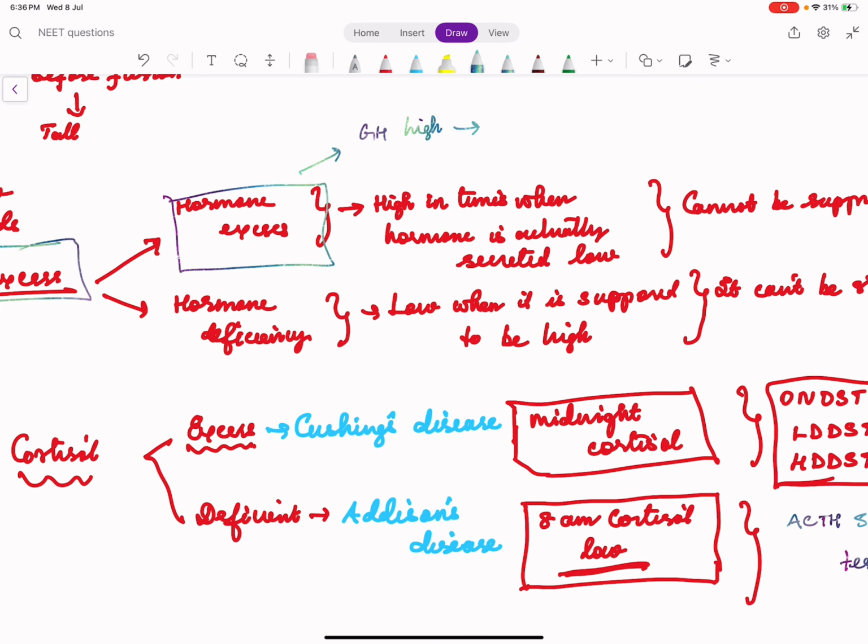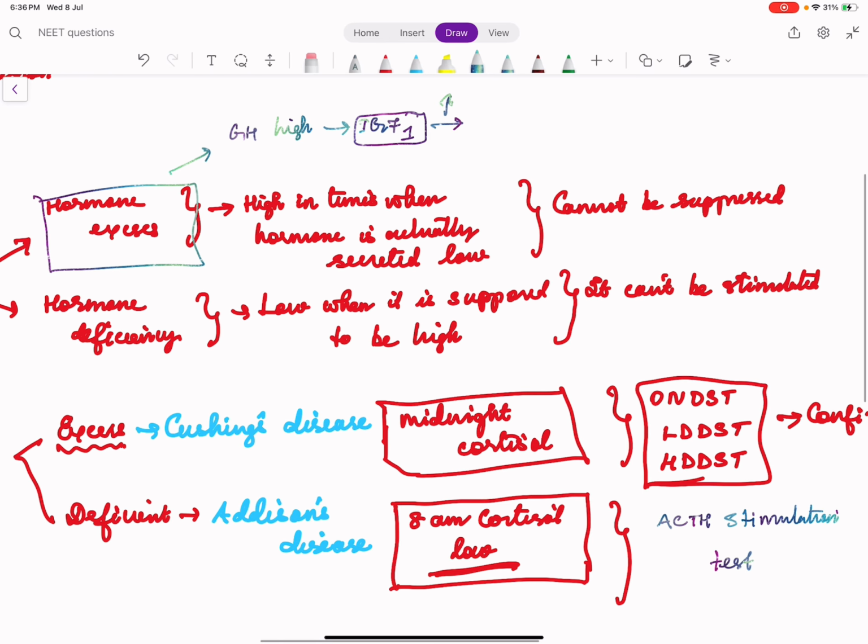Growth hormone in our body leads to increased secretion of another hormone called IGF, insulin-like growth factor. Remember this name, insulin-like growth factor. So IGF-1 is high in acromegaly. But to confirm that, the gold standard or the investigation of choice has to be failed suppression of this growth hormone.